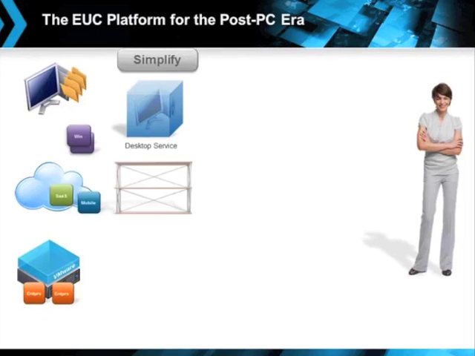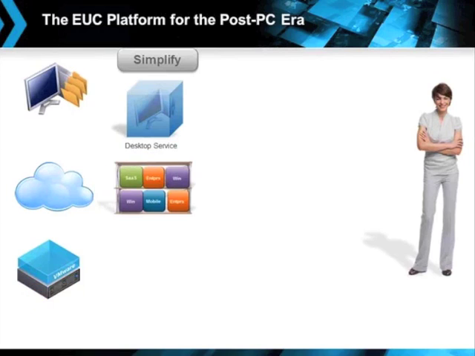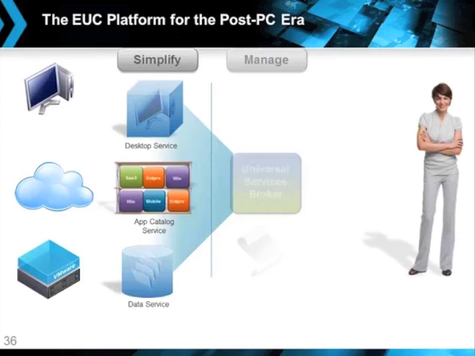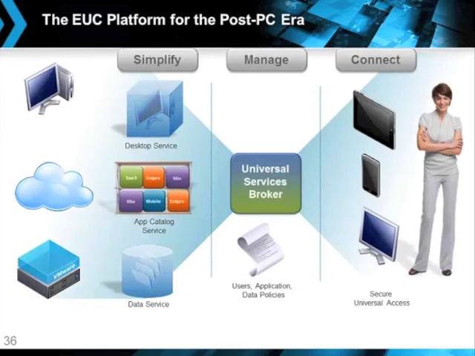To begin, let's simplify the model by untethering a user from a specific device and creating an underlying desktop service, which will serve as the substrate onto which we project user-specific applications and services. Next, an application catalog service comprised of modern enterprise applications like software as a service, mobile and legacy Windows applications. Finally, a data service, which provides an enterprise level of service similar to Box.net, Dropbox, or Google Docs, which can be leveraged to deliver secure access to documents and data anytime, anywhere.